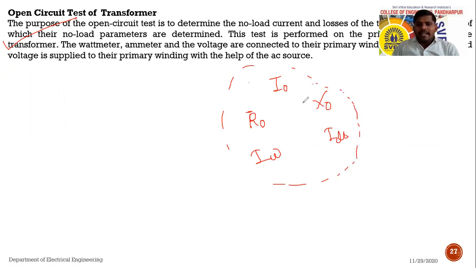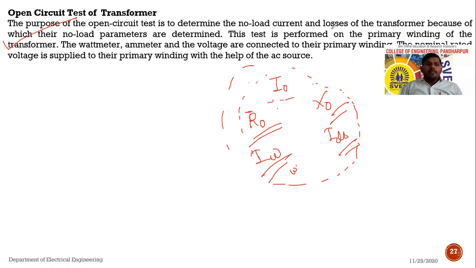So our aim of the practical is the determination of equivalent circuit parameters by conducting OC and SC tests. By conducting the OC test, we will get these parameters: no load current, R0 that is no load resistance, X0 no load reactance, IW the working or active component of no load current, and IMU the magnetizing component of no load current. So we are calculating the no load parameters.